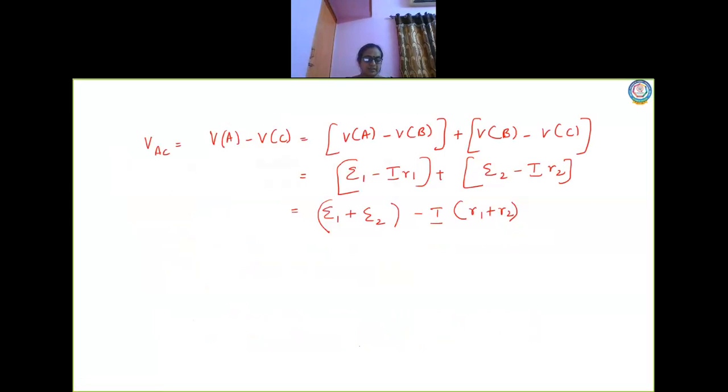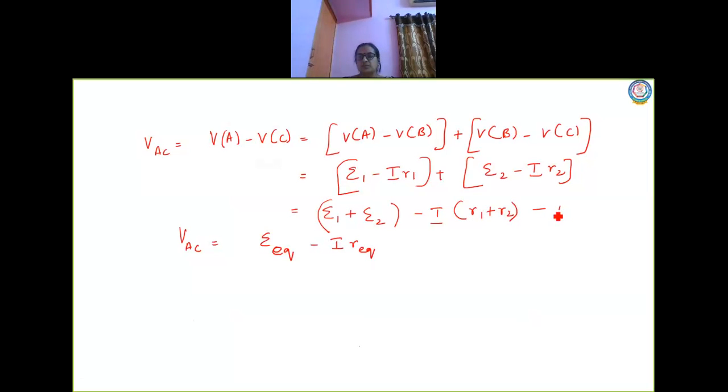Now, I will write the combination as a single cell. So, what will be my equivalent, which is V_AC equal to psi1 plus psi2 is equal to psi equivalent minus I into R equivalent. Okay, now I'm going to compare these two equations.